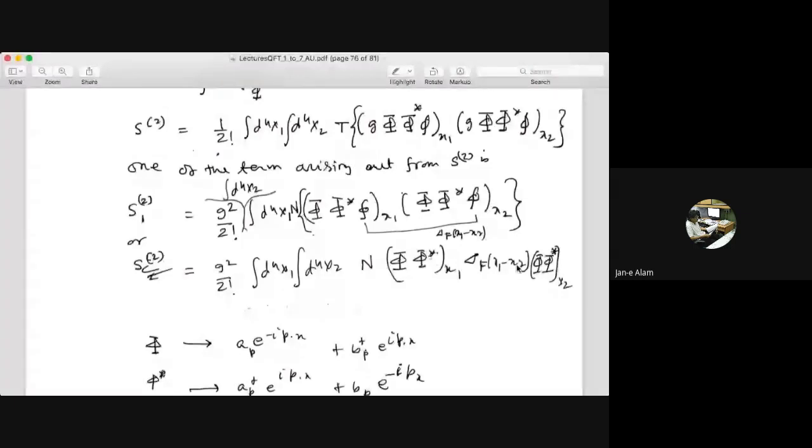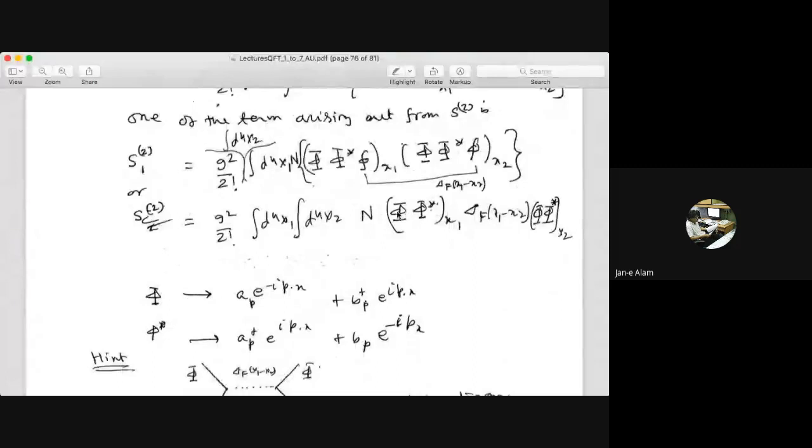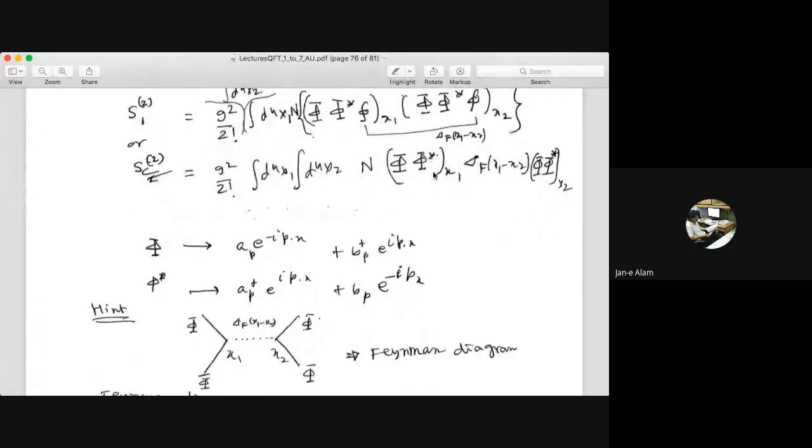So what is it saying? It is telling me that two particles corresponding to capital phi and phi star at x1, that is, phi and phi bar at x1, interact with this small phi at x1, and that particle is propagating to x2 and again giving me two particles, phi and phi star.